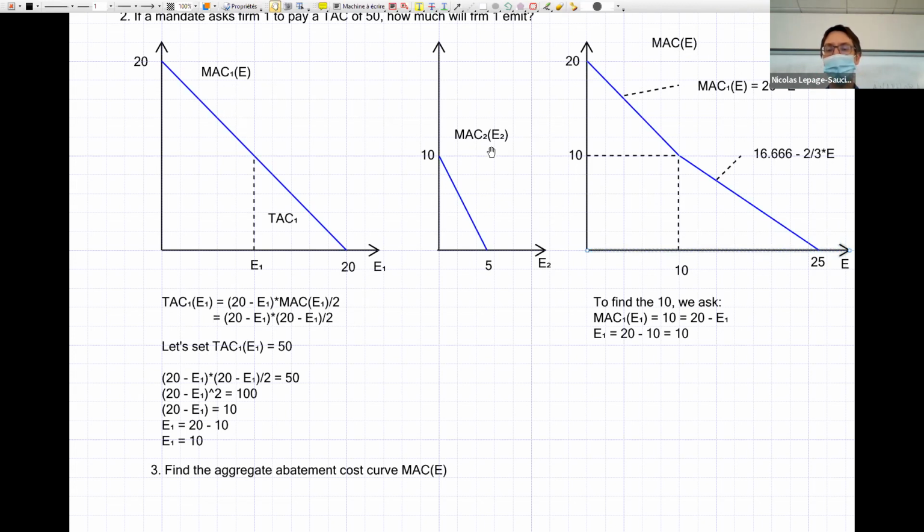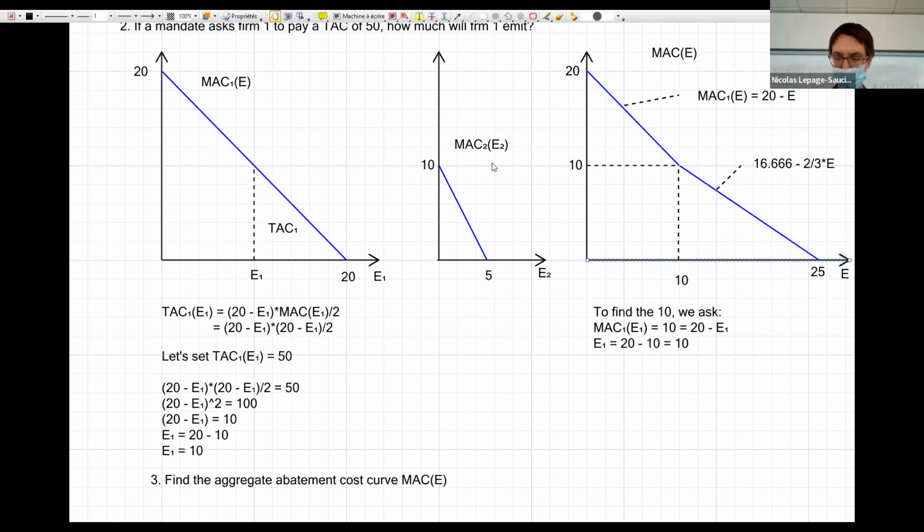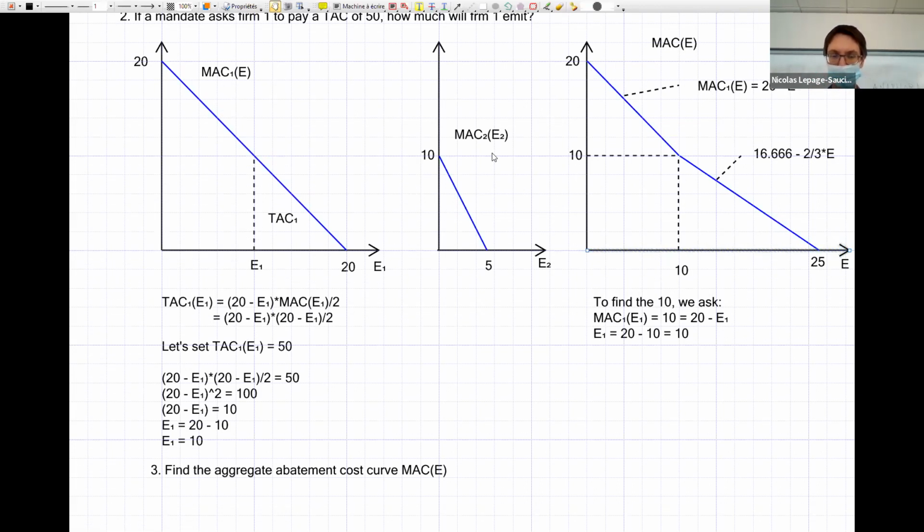What we do is we must invert the curves. So step one, you find the inverse MAC function, which is just like when we have demand functions, when we start with the inverse demand function, then we go back to demand functions.